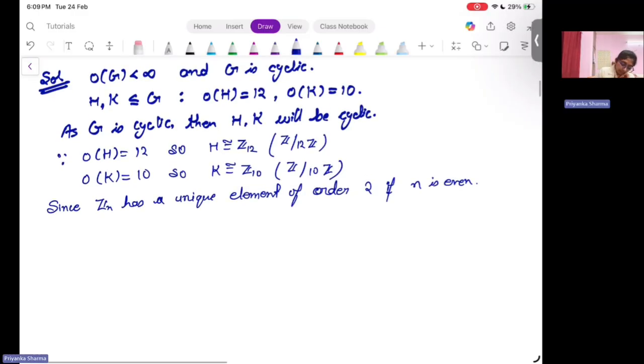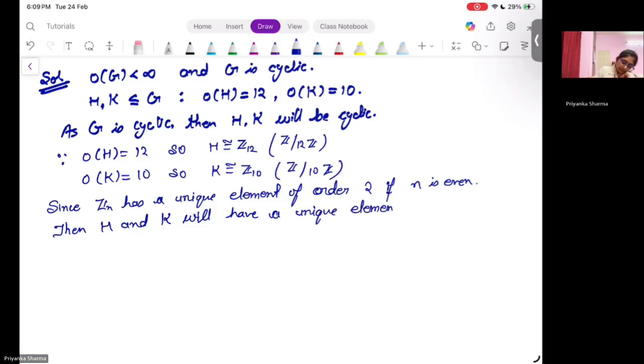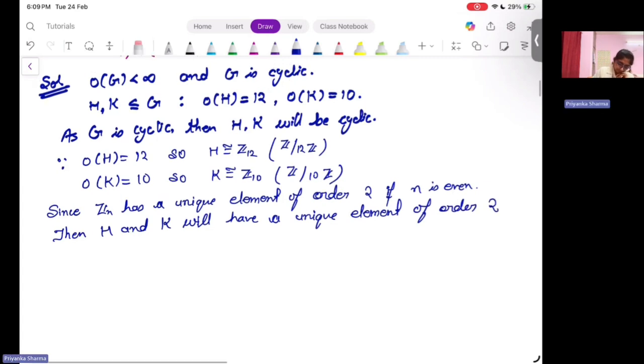Okay, so we can say that H and K will have a unique element of order 2.